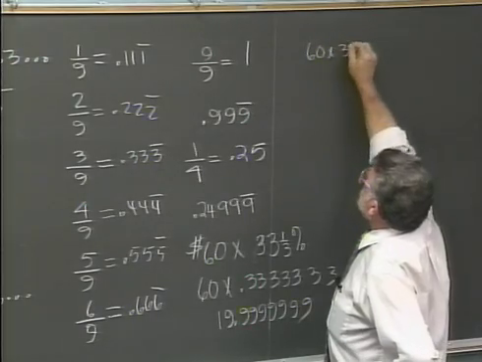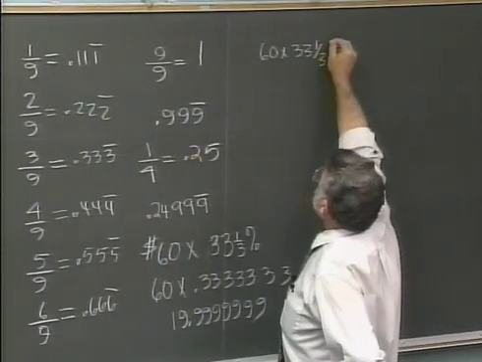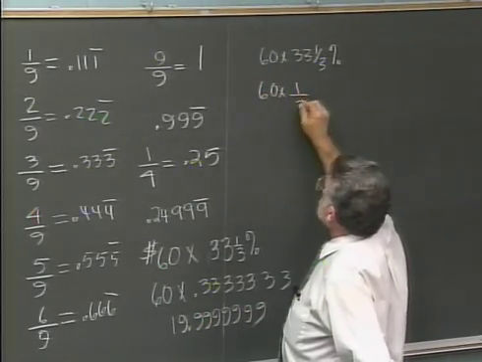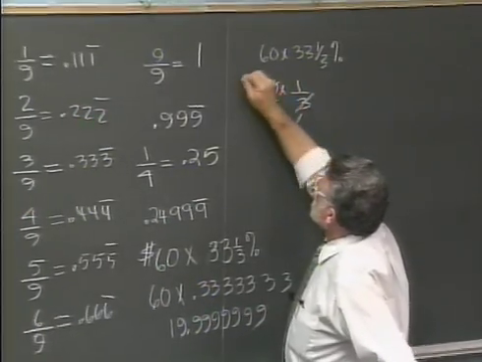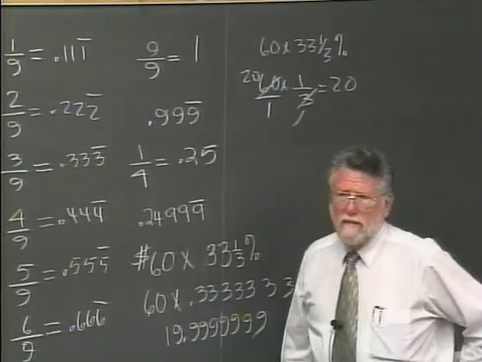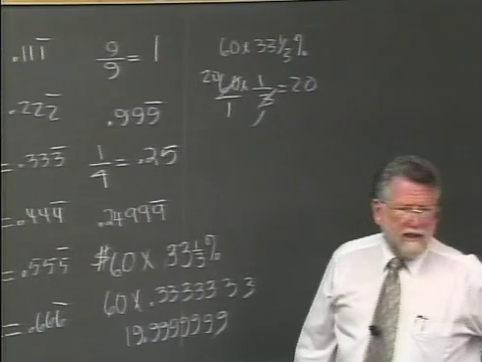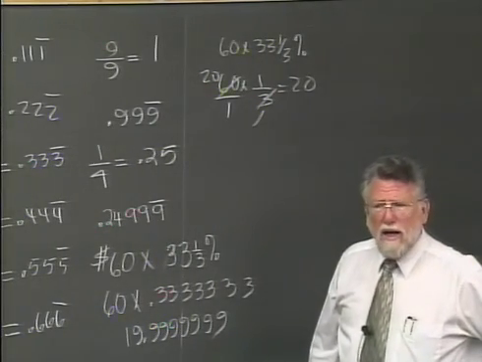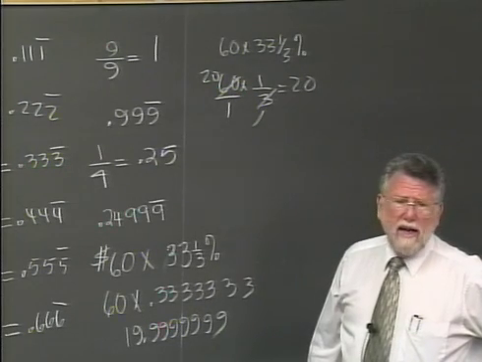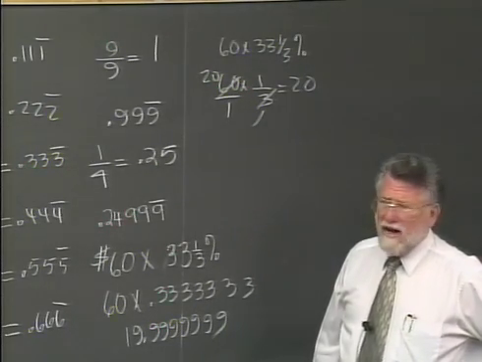33 1/3% is the same as what common fraction? 1/3. Cancel, and you have a fraction and an exact answer. There are times it pays to take a percent and write it as a common fraction.